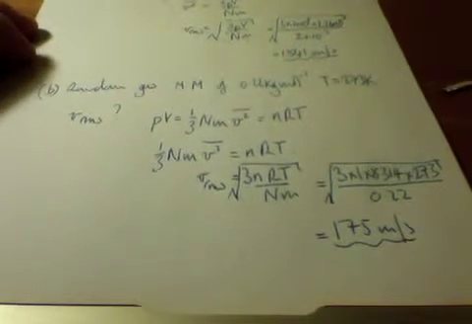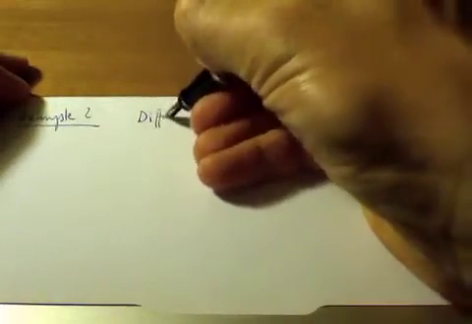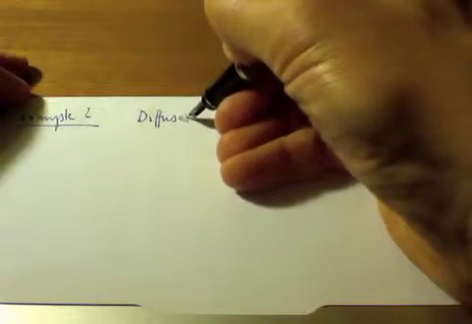Excellent. Time for one more example, I think, before we finish this off. Okay, I have bromine gas. And we're looking at how bromine gas diffuses.